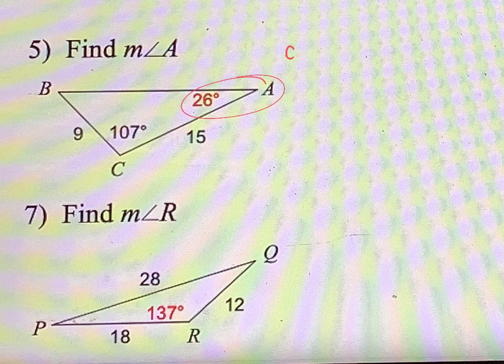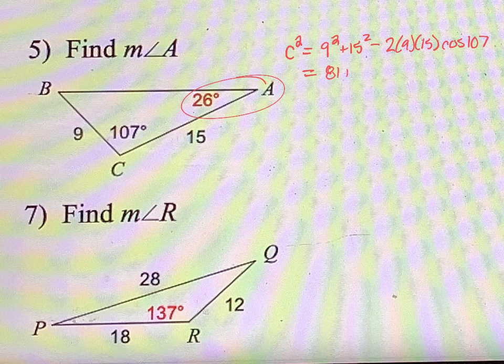So C squared equals 9 squared plus 15 squared minus 2 times 9 times 15 times cosine of 107.